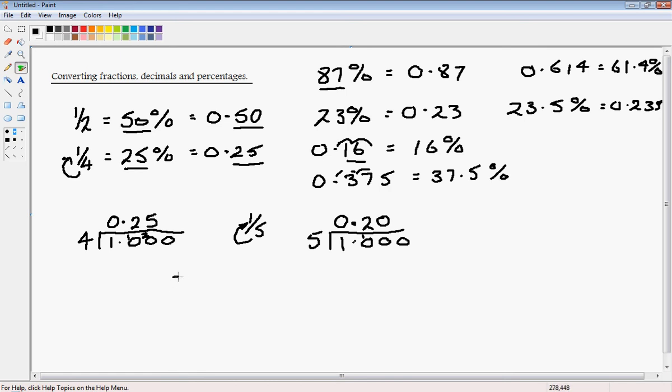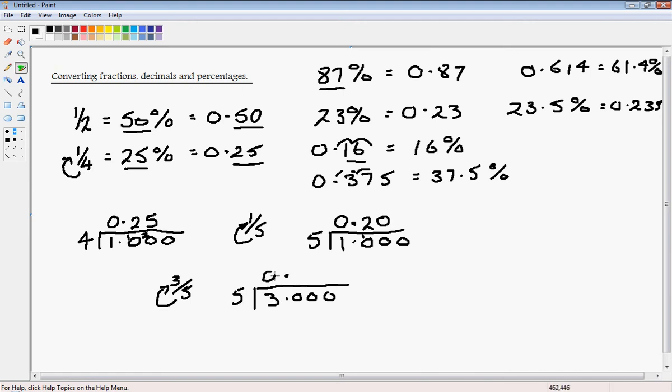Okay, so let's say we had 3/5, and they say convert that to a decimal and a percentage. So we divide the bottom into the top. So 5's into 3. So we put a decimal point down and some zeros. When I do this, if there's a decimal point here, I automatically put a decimal point above it, so that stops me forgetting.